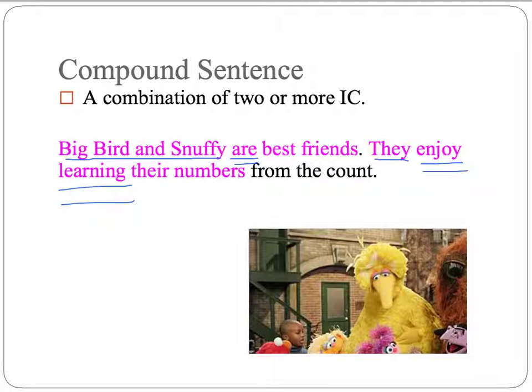We can do that by inserting a semicolon here. Big Bird and Snuffy are best friends; they enjoy learning their numbers from the Count. Of course, then we need to lowercase this t here. We can also turn the period into a comma and add a coordinating conjunction.